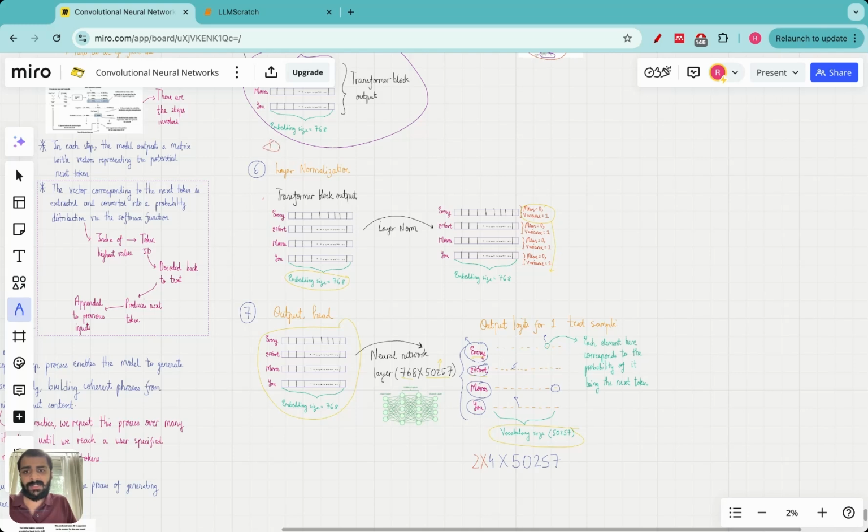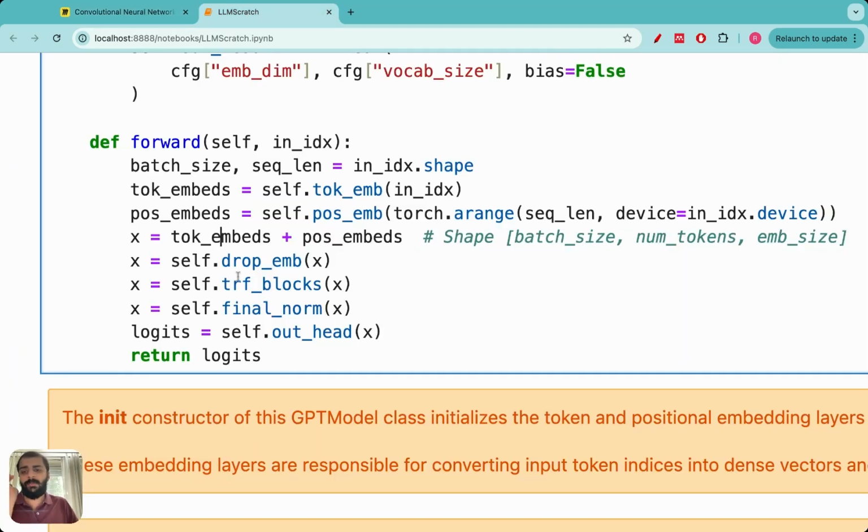This was the second last layer, which was another layer of normalization, and then the final layer was the output head. So after you get the input embeddings, there are 4 things. You apply the dropout layer, you apply the transformer blocks, you have another layer of normalization, and then you apply the output head.